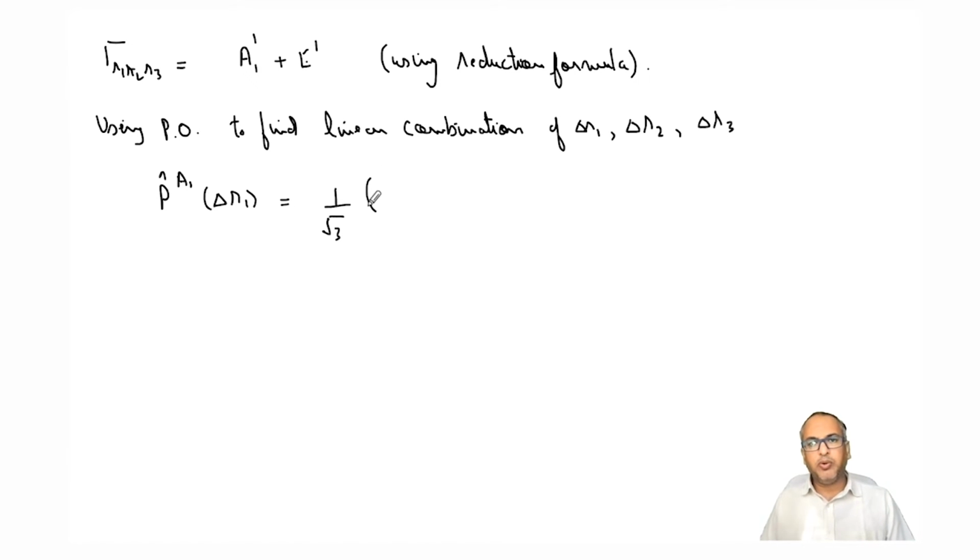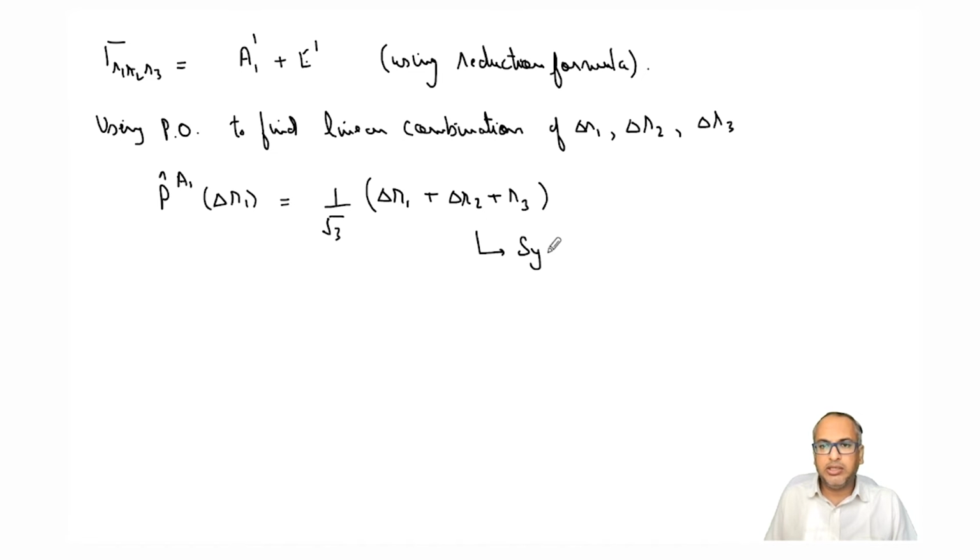So again, I'm not going to go into details of how to apply the projection operator. That should be fairly simple by now. Delta R1 plus delta R2 plus delta R3. Okay, so that means all the bonds are increasing in length.